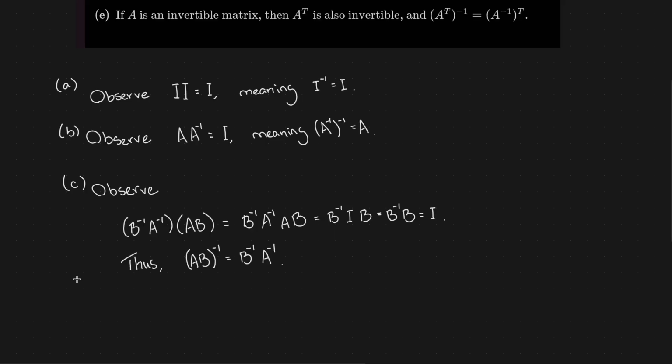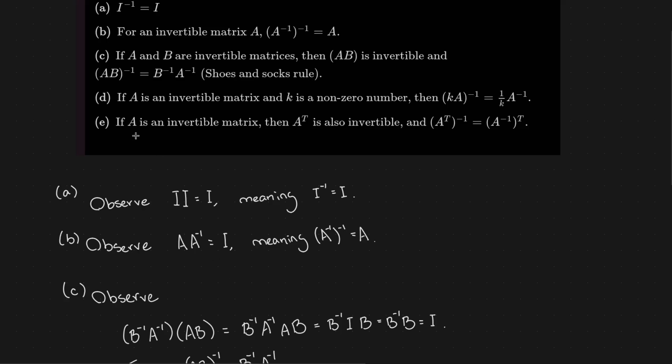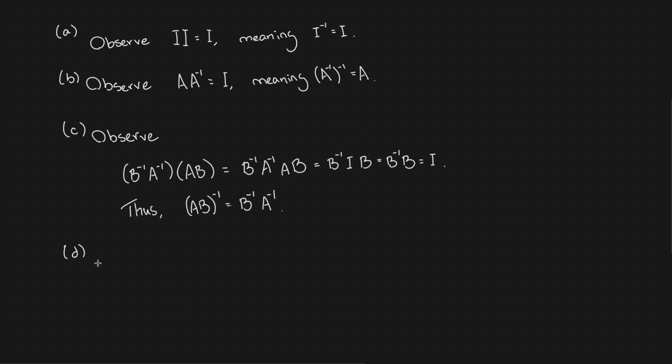Let's do D. We're going to prove it the same way. For D, if A is an invertible matrix and K is a non-zero number, that's important, the non-zero part, then the inverse of the scalar multiple of A, K times A, is 1 over K times the inverse of matrix A. Again, to prove they're inverses, because they're square matrices, all I have to do is show that when I multiply them together, I get the identity matrix.